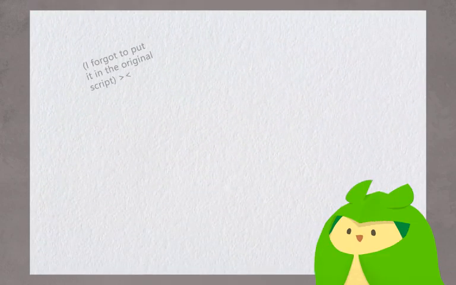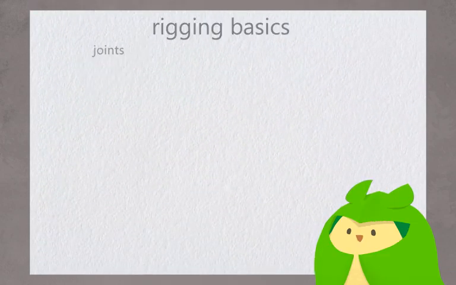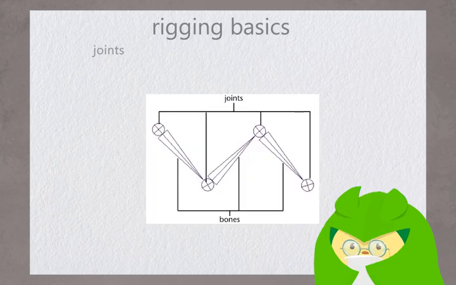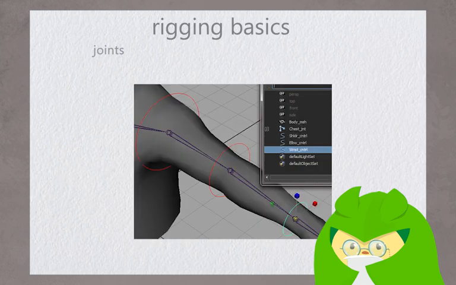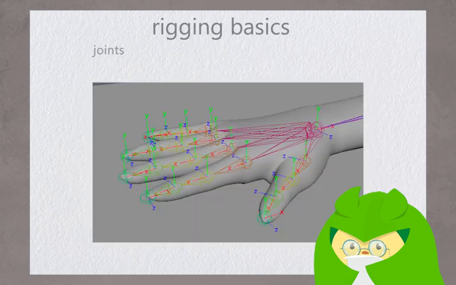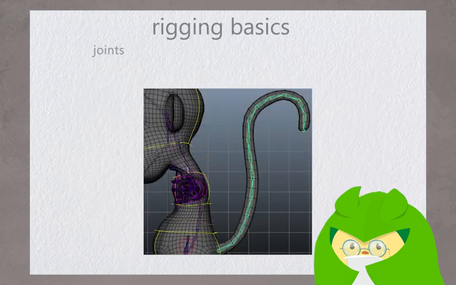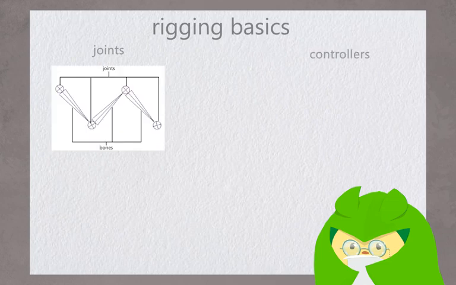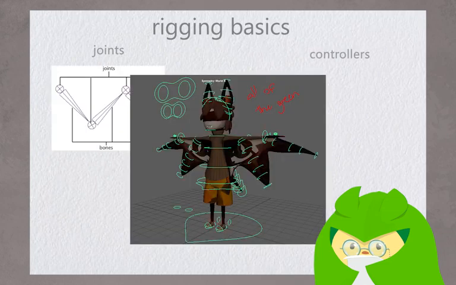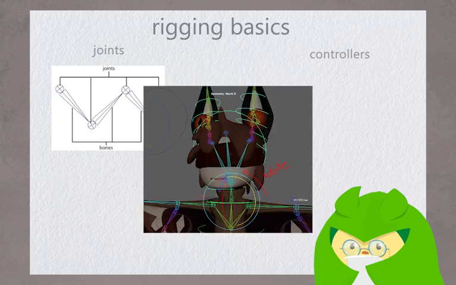This is post-editing Tumble trying to briefly explain the basics of rigging, so I will be mentioning joints a lot, and they are the bones of a model that will determine where a limb will rotate or move. So elbows, knees, all of your fingers, spine, tails, so on and so forth. Controllers are what we use to drive a function on a joint. So let's say you rotate a controller that is constrained to a joint.